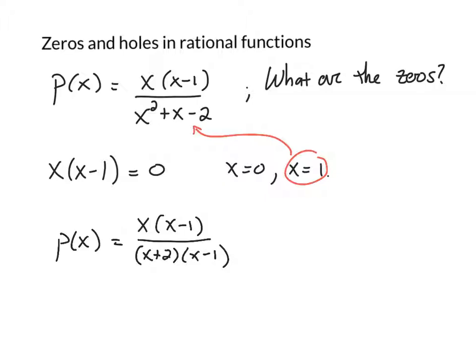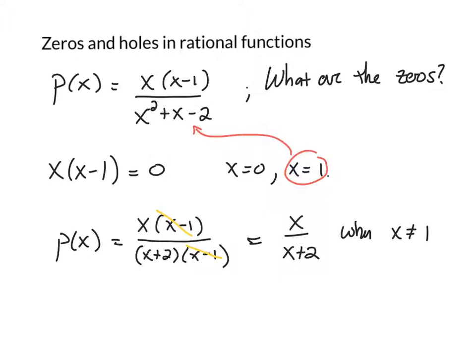And so if you recall the previous example, we always said, well, it's really nice if you're already in factored form. And so what happens here is this x minus 1 and this x minus 1 can cancel out. And what I can do is write this as x over x plus 2.